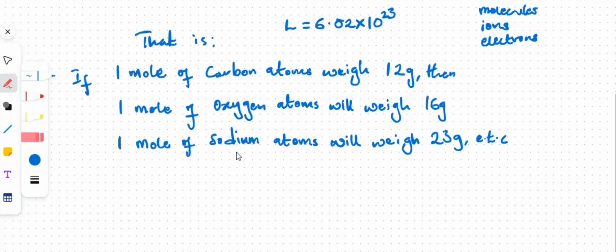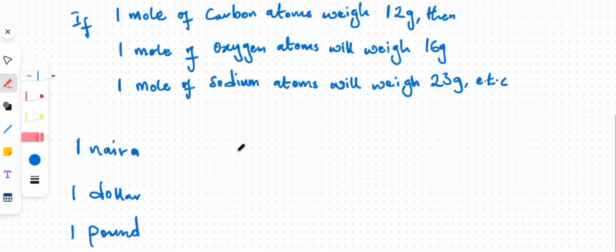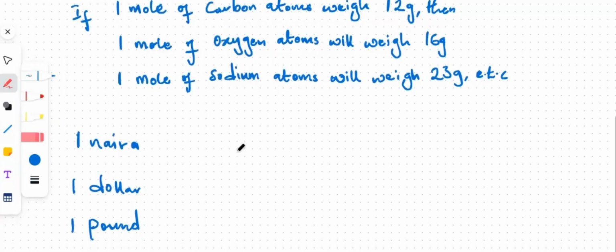Let me use a very simple analogy. Let's look at these different currencies. We have 1 naira, we have $1, and we have 1 pound. Out of these 3 currencies, which of them weighs the least?